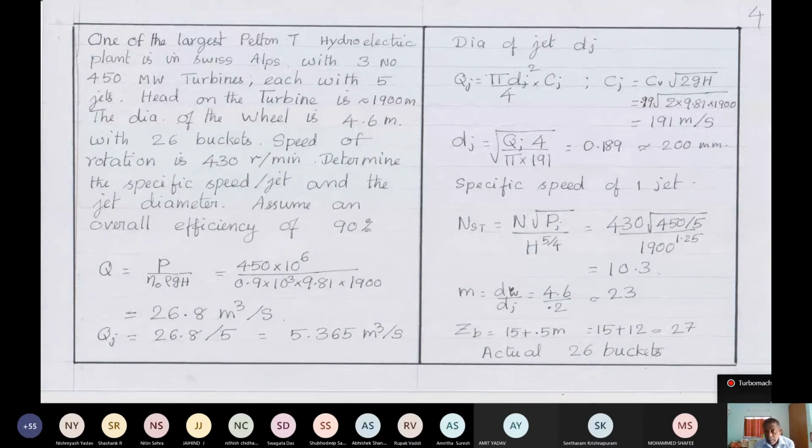So diameter of jet will be square root of 4Q divided by pi into Cj. So if you substitute the value of Qj there, Qj value is 5.365. The jet diameter is around 0.189 meters. So around 200 millimeter or 20 centimeters. Okay, so what is the jet velocity?